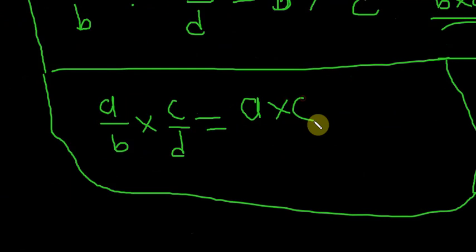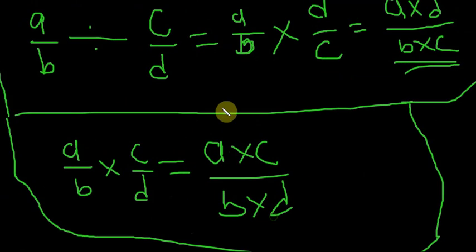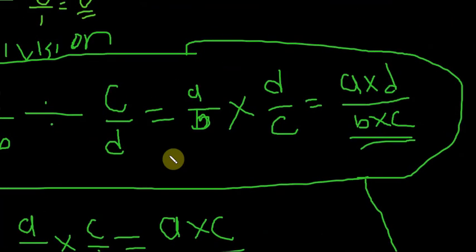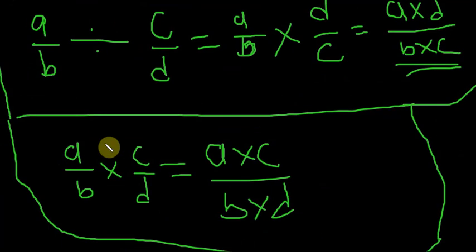A times C, B times D. Whilst when there was division, you had to change the sign and take the reciprocal of the second one. So this is the rule for multiplication. The first one was the rule for division.